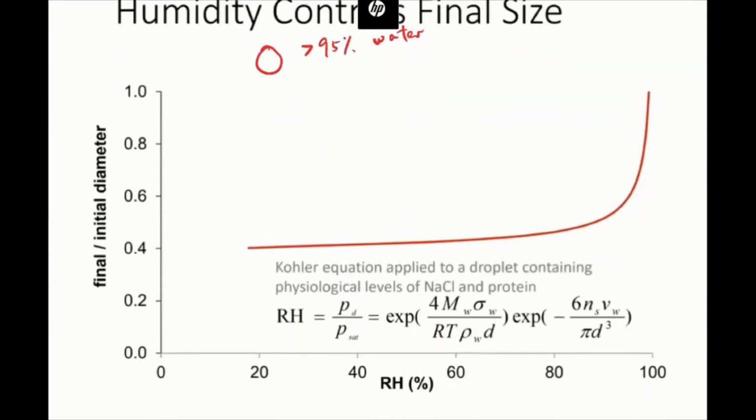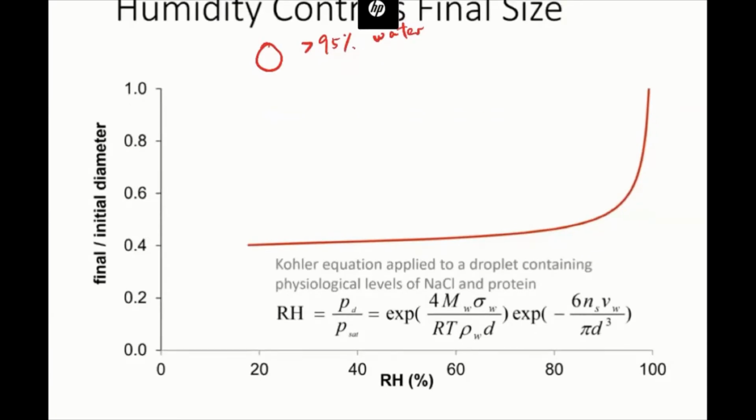So we also have to consider how the particle size evolves. This figure shows you the size change under different relative humidity. For indoor conditions, we know that our building HVAC controls the RH to somewhere around 50%, I think probably 40 to 60%. This is the typical indoor RH.